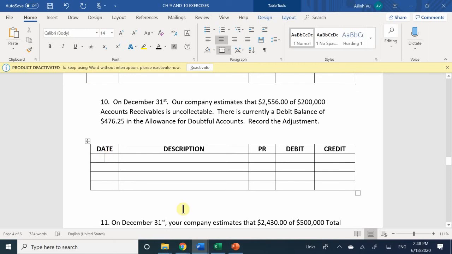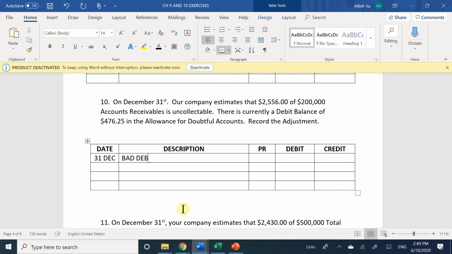Bad debt for $2,079.75. For doubtful accounts for $2,079.75. Hold on. Wait, give me 1 second. So yes, you had the accounts correct.